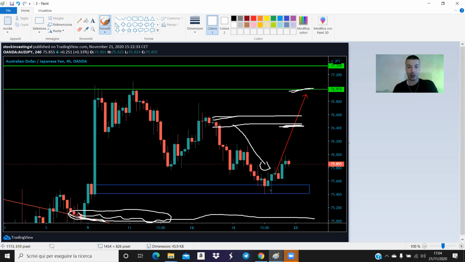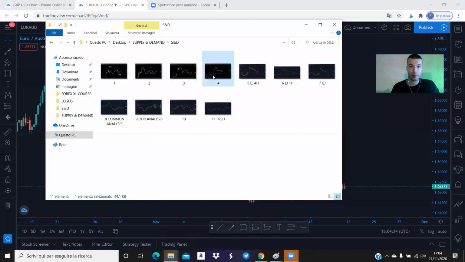And I showed you candlestick patterns only if you want to wait for confirmations. In this case, you have a nice pin bar, which is my favorite, and if you enter after the pin bar, we are already in profit, as you can see. So let's move on.